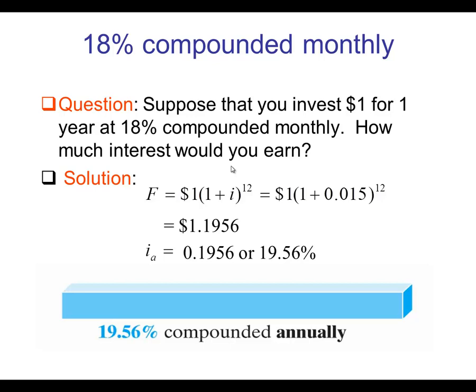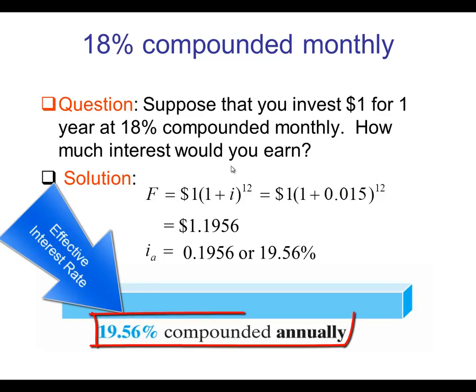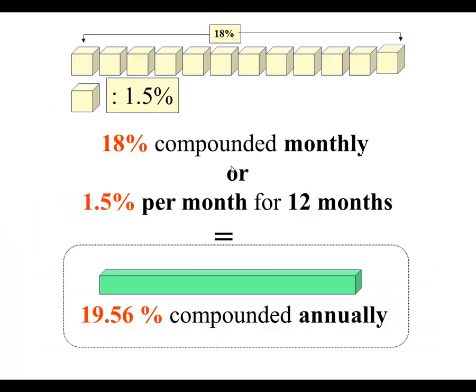So the effective interest rate in this case is 19.56%, which is compounded annually. In other words, 18% compounded monthly, or 1.5% per month for 12 months, is equal to 19.56% compounded annually.